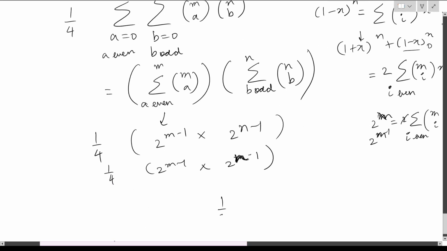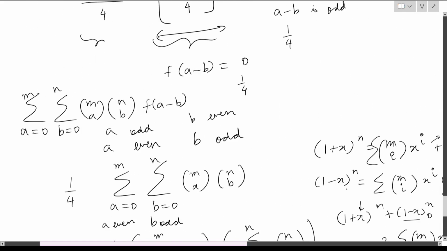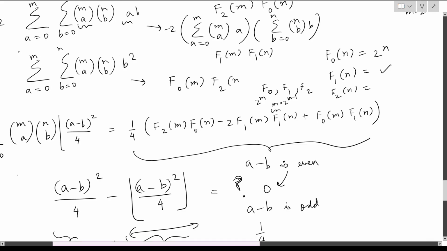So all in all, this really becomes 1 by 2 times 2 to the m plus n minus 2, which is just 2 to the m plus n minus 3. So this is how much we overcounted by. And so our final answer, if I just add a floor here, is just this minus 2 to the m plus n minus 3.